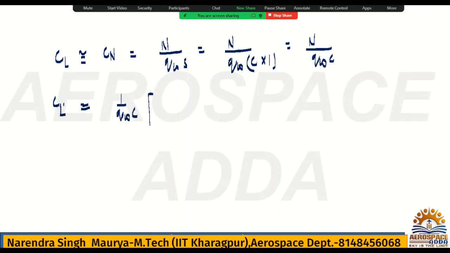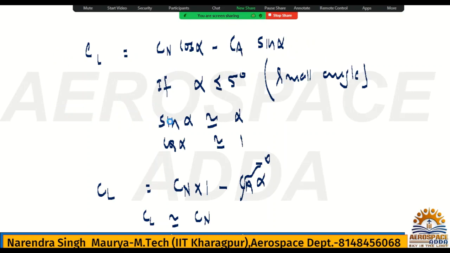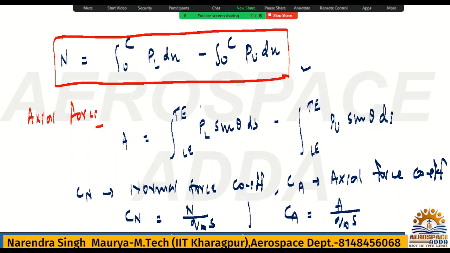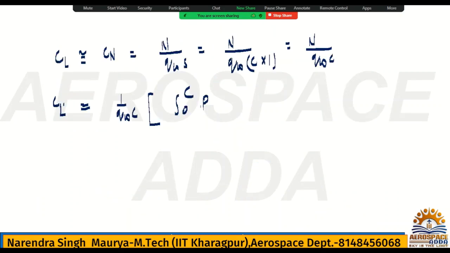1 upon q infinity c in brackets, what is the N? It is integral 0 to c of pl dx minus integral 0 to c of pu dx. What will be the Cl then?